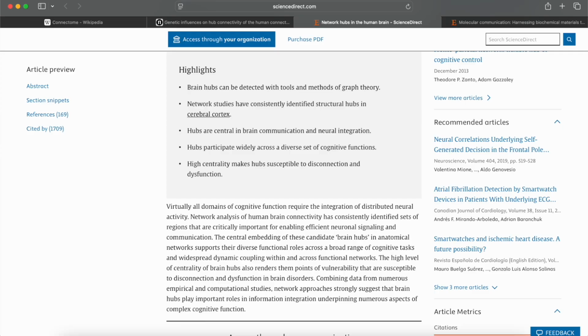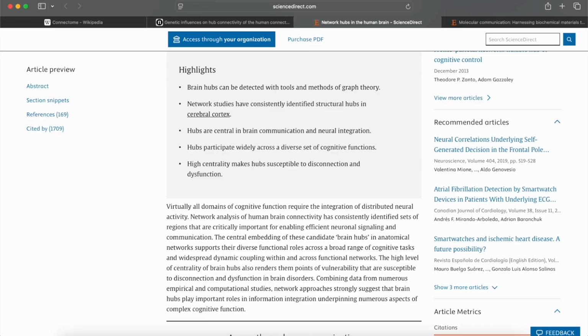Brain hubs can be detected with tools and methods of graph theory. Network studies have consistently identified structural hubs in cerebral cortex. Hubs are central in brain communication and neural integration. Hubs participate widely across a diverse set of cognitive functions. High centrality makes hubs susceptible to disconnection and dysfunction.